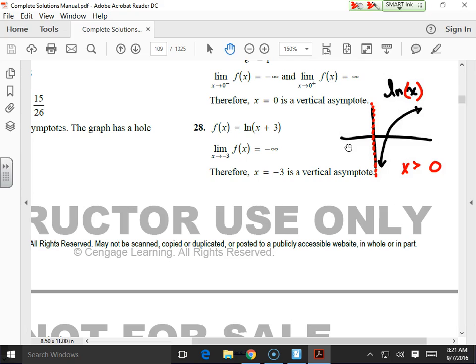So x plus 3 greater than 0 means x has to be greater than -3. So at -3, we have ourselves a vertical asymptote. It would be this shifted to the left. That would be our graph.